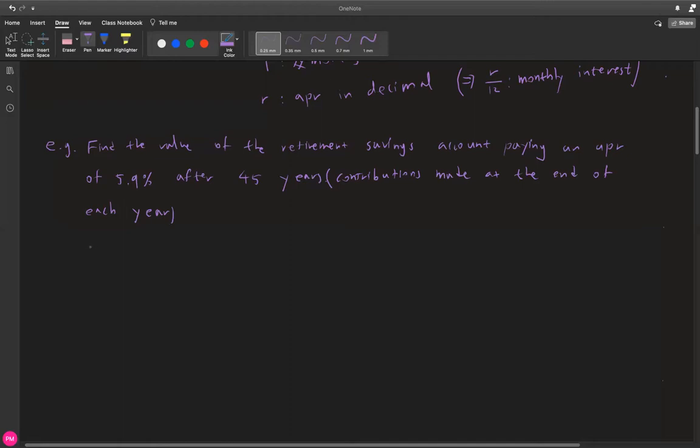What if the annual contribution is, let's say, $1,200.